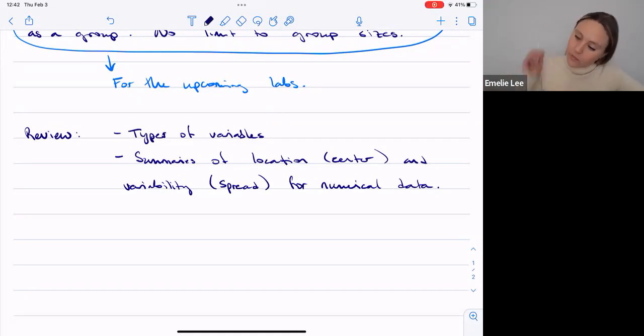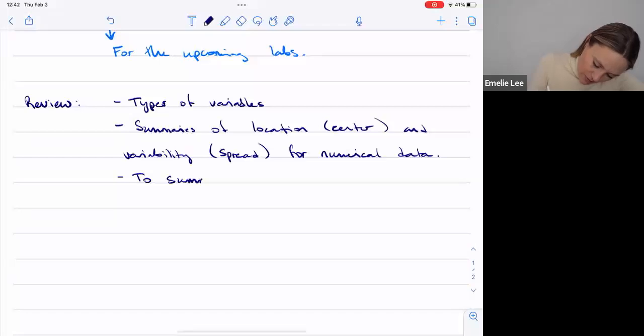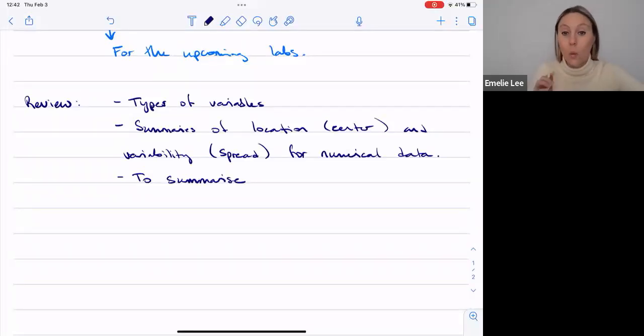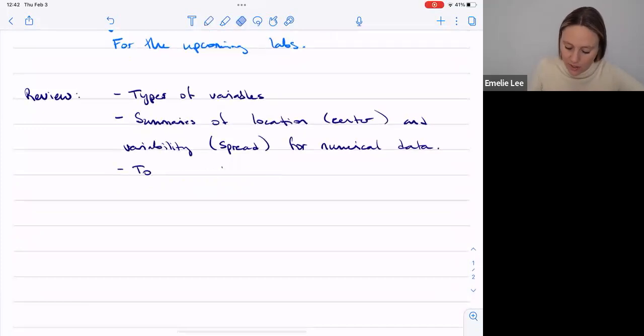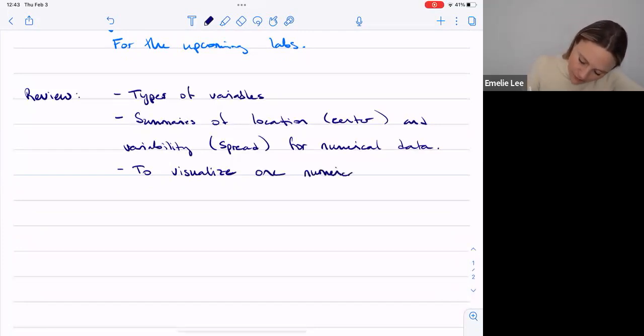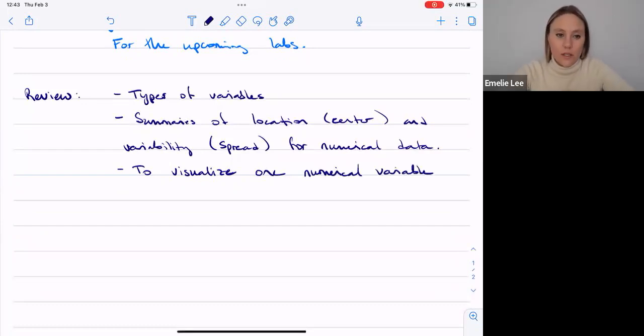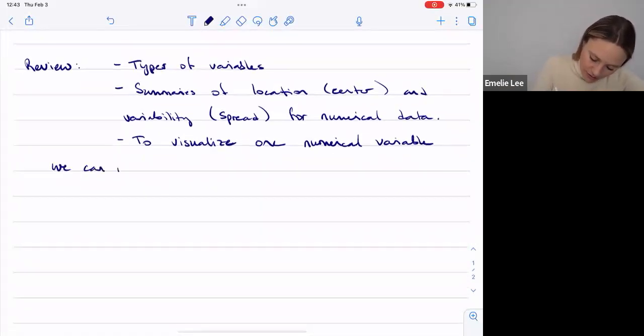To visualize one numerical variable, we can use a histogram most commonly, or we can use a box plot.